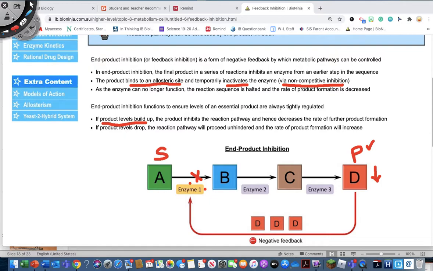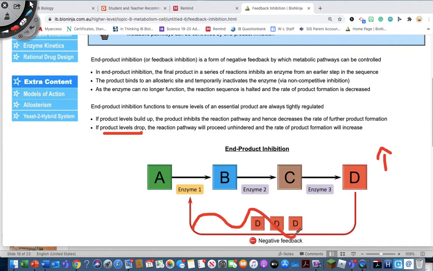The other way around, if the product levels drop, then the reaction pathway will proceed unhindered and the rate of the product will increase. If there's too little product, then the negative feedback mechanism is not going to happen, and this reaction is going to continue unhindered.